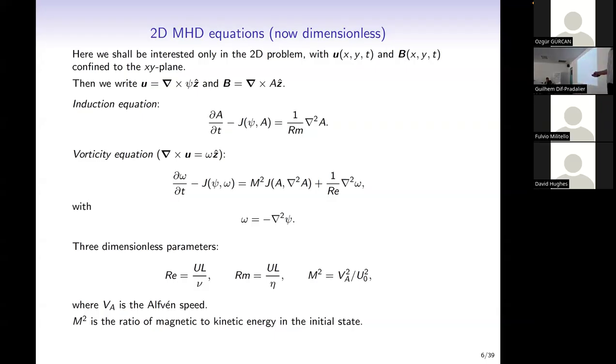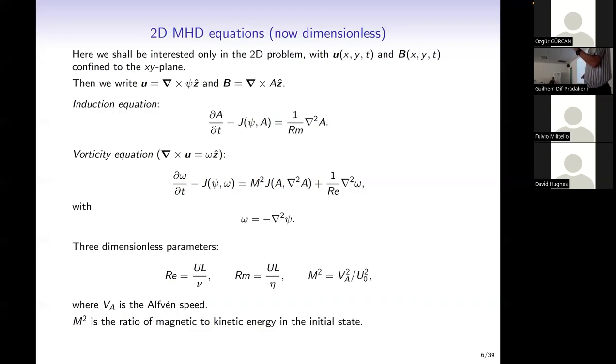Okay, the Lorentz force is the Jacobian of A and del squared A. It has psi and omega in it, where omega is the vorticity, and you have to invert. They're related: omega is minus del squared psi.